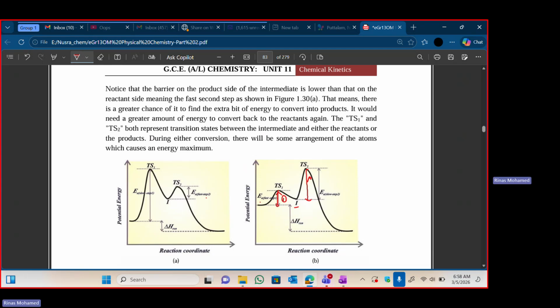In the second graph, we can say that the second step is slower because the activation energy is higher, right?